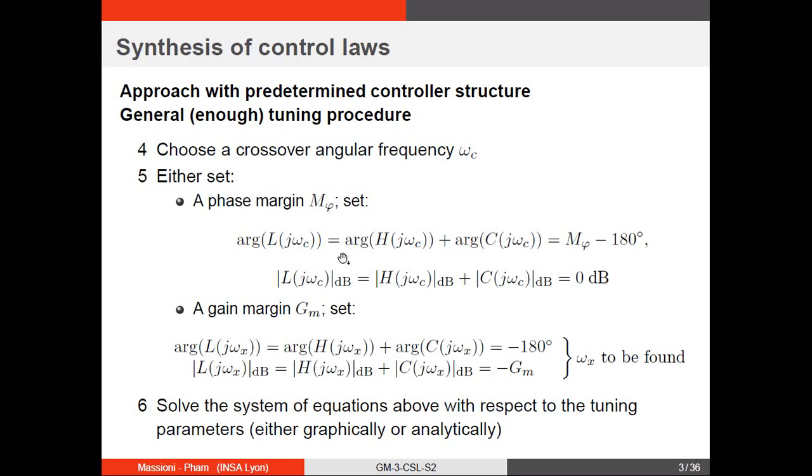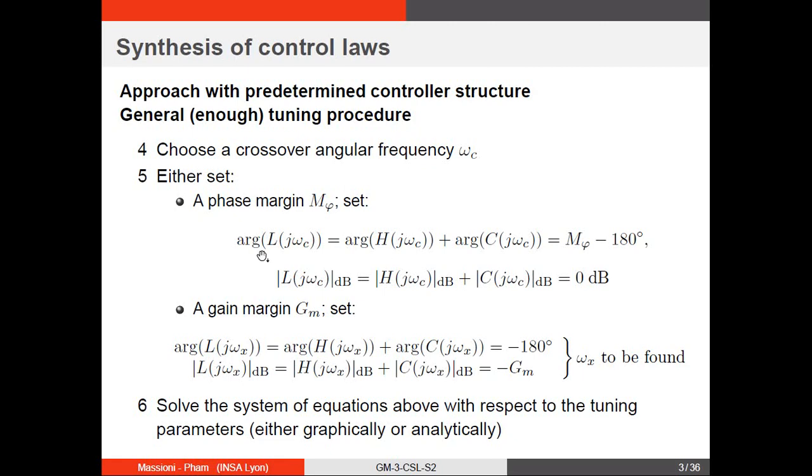And at this point, if you assume that the gain, as we see here, is 0, then it means that the distance of the phase from minus 180 is your phase margin. Okay, so basically, once you set omega C, the phase at omega C, this term over here, will set your phase margin. It is basically the phase margin minus 180.